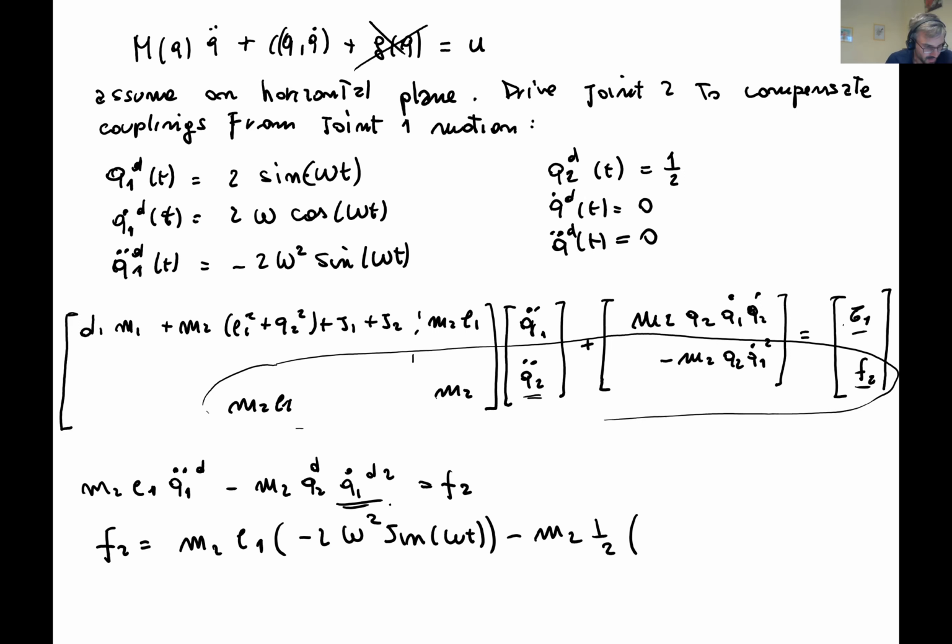The derivative was the cosine one, so with 2 omega cosine minus 2 to the power of 2 omega squared cosine squared omega t. This goes away, and in essence we get this expression.